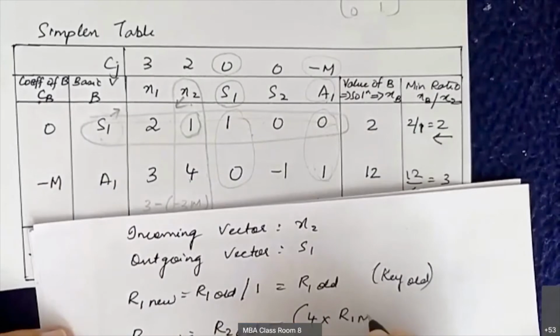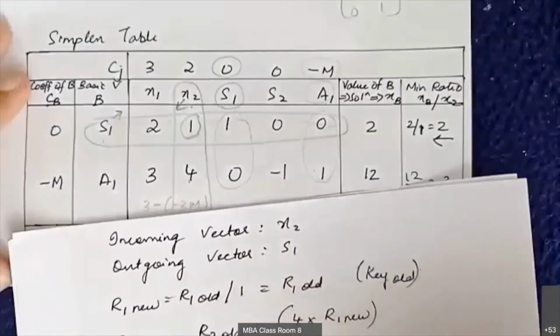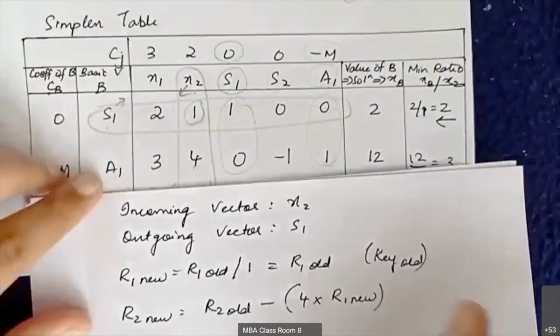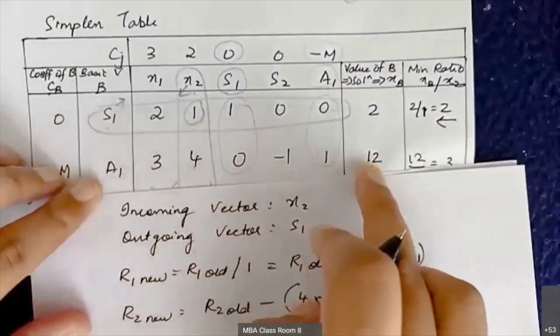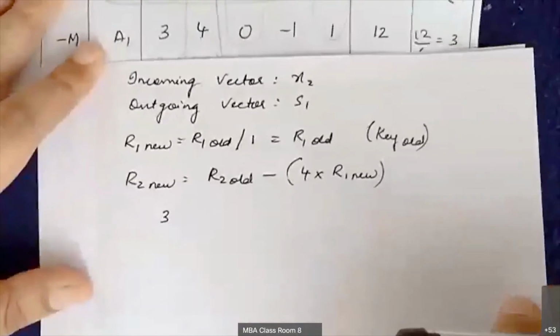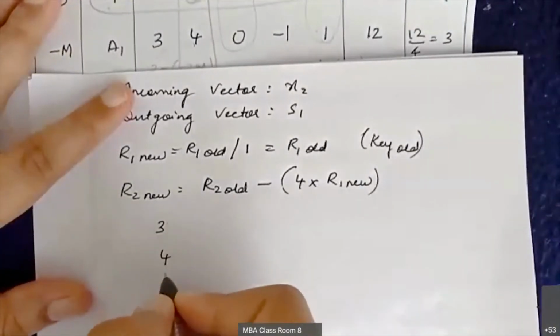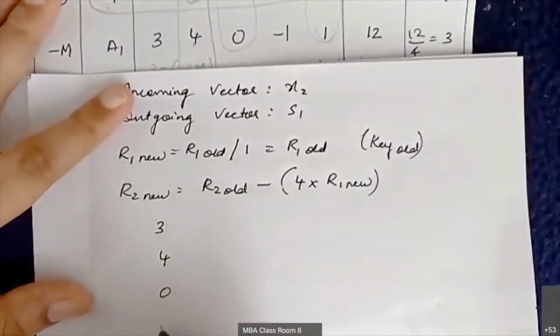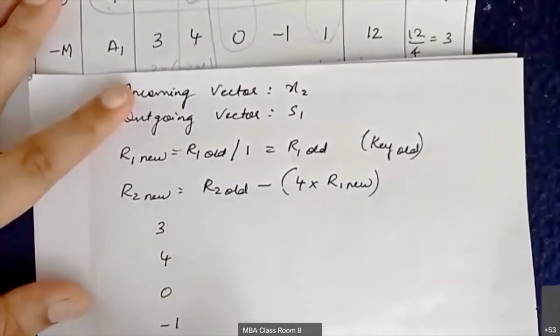Just tell me the numbers: R2 old is 3, 4, 0, minus 1, 1, and 12. I'm writing it down.